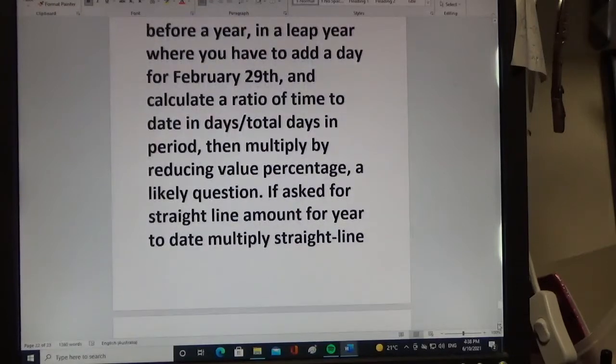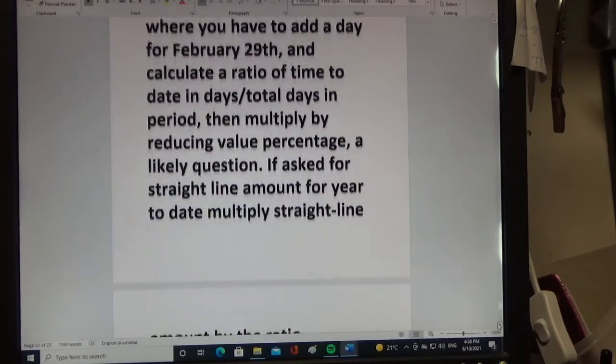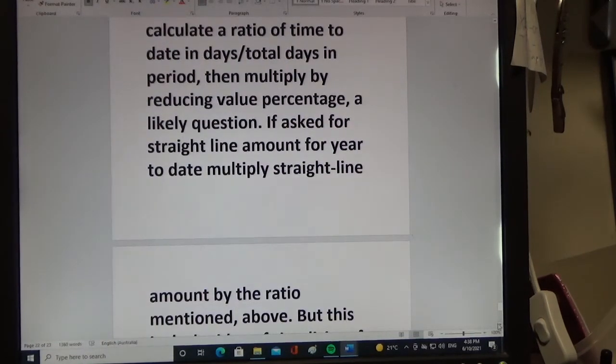So don't forget about that February the 29th in a leap year. You add a day into the denominator in that ratio. If you're finding a point in time during the financial year, for example, September the 30th, find the ratio of days from July the 1st to September the 30th, and if it's a leap year, the denominator is 366 and the numerator is all the days from July the 1st to September the 30th.